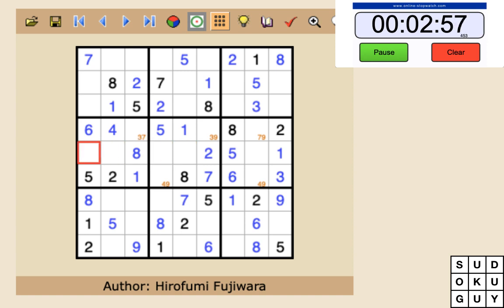What's this column missing? 3, 4, and 9? Okay, so if 6 goes here, you know what, I'm just going to fill it in. This has to be a 6. If 6 went here, then it couldn't go there or there, so we'd have to have a 6 in one of these 2 spots, which means there's nowhere for a 6 to go in that top left box. It's the logic I'm using.